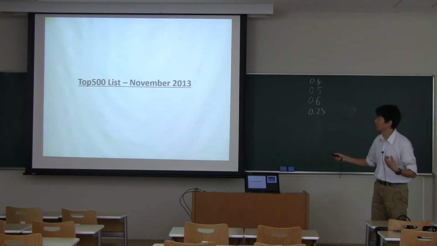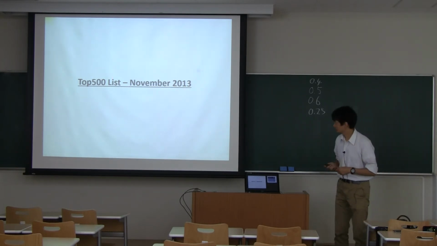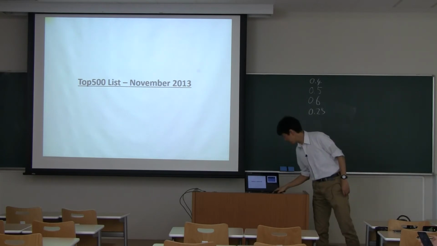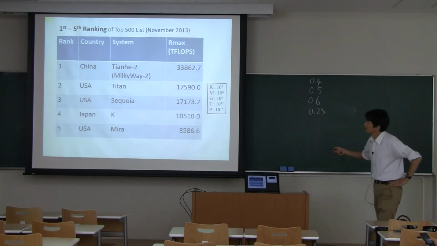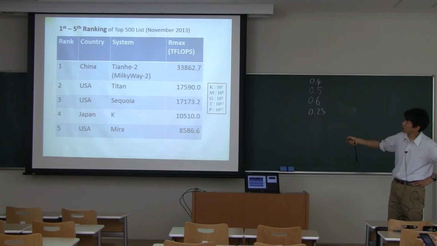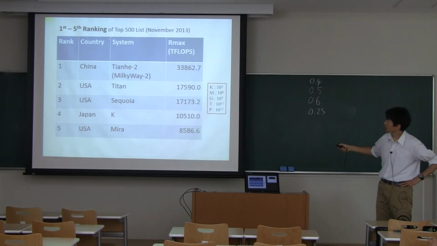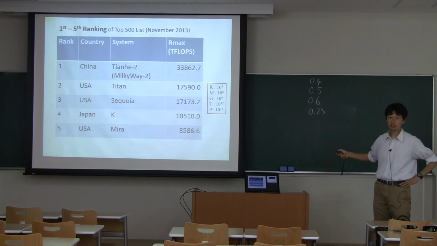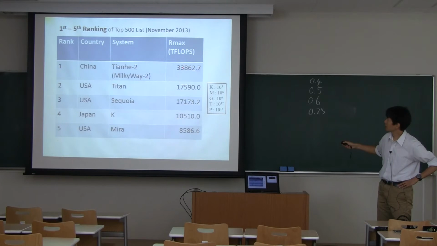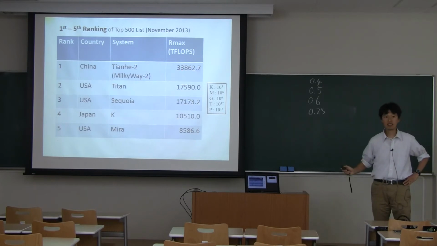So it is the newest one at the moment. The fastest computer in the world at the moment is Milky Way 2. It is in China. The ability is 33 petaflops.